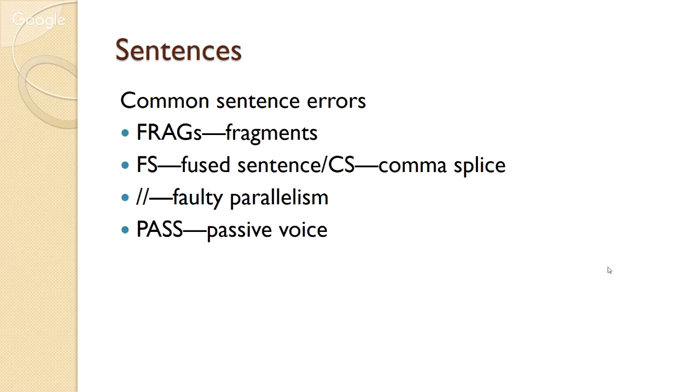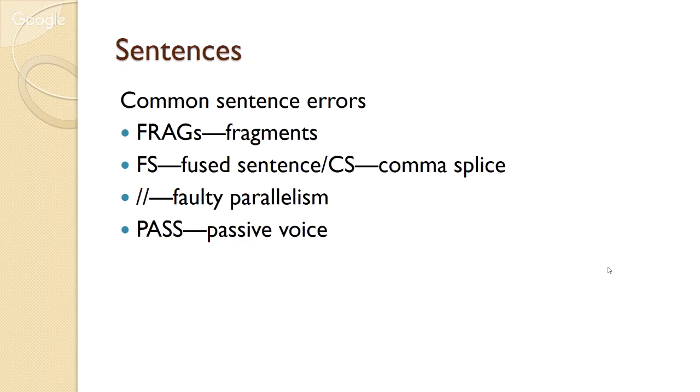And then passive voice is kind of a tricky one because active voice is when you write by putting the actor before the action. So if you put your subject before your verb and your object after your verb, then that is active voice. You're focusing on the actor performing the action. The opposite is passive voice.